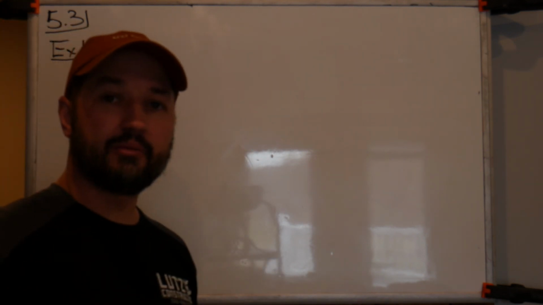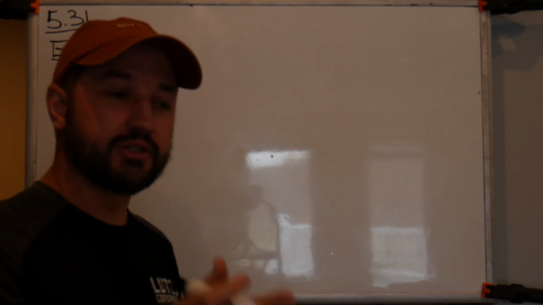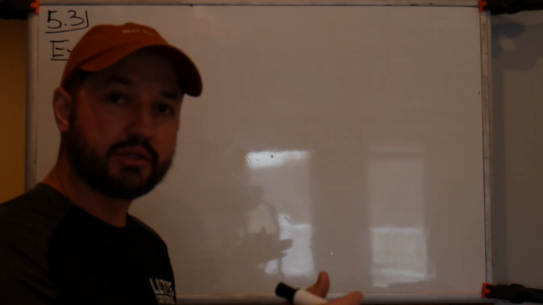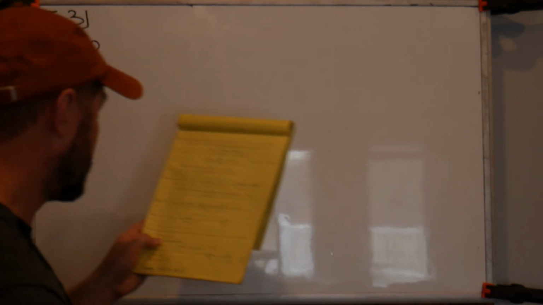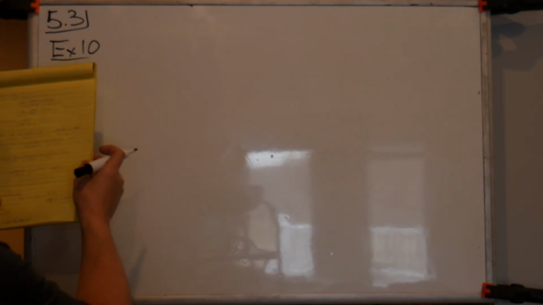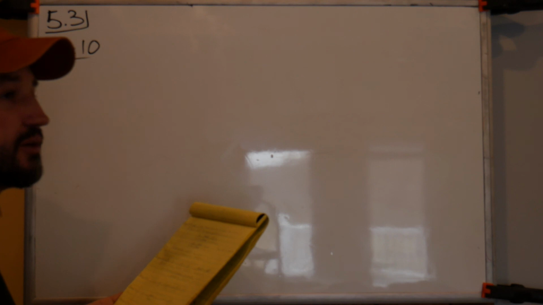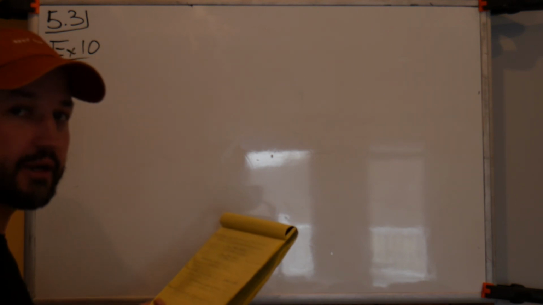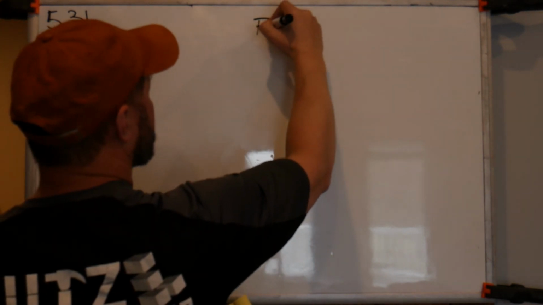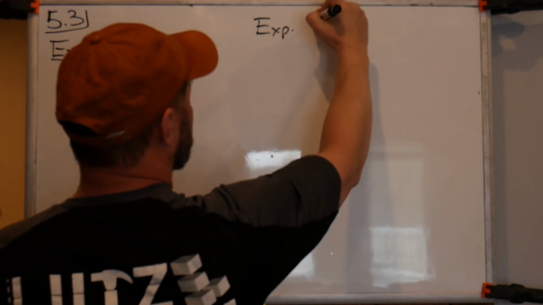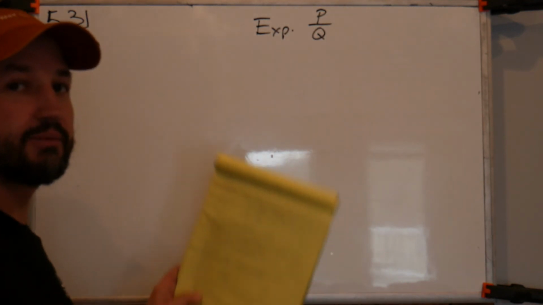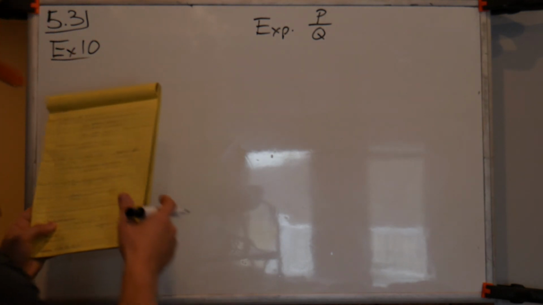When you get a worded problem, get rid of the words, change them into numbers and symbols and variables. So write an expression. An expression, you know what we've already been talking about. You want something on top, something on the bottom. When they say write an expression, they go back to that P over Q, something written with one numerator, one denominator.